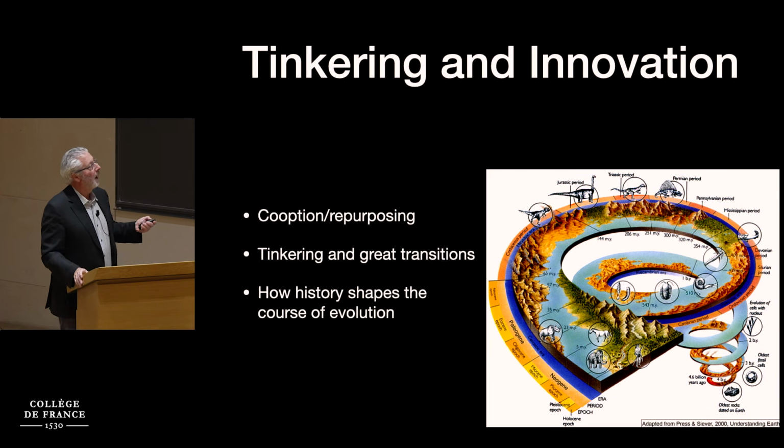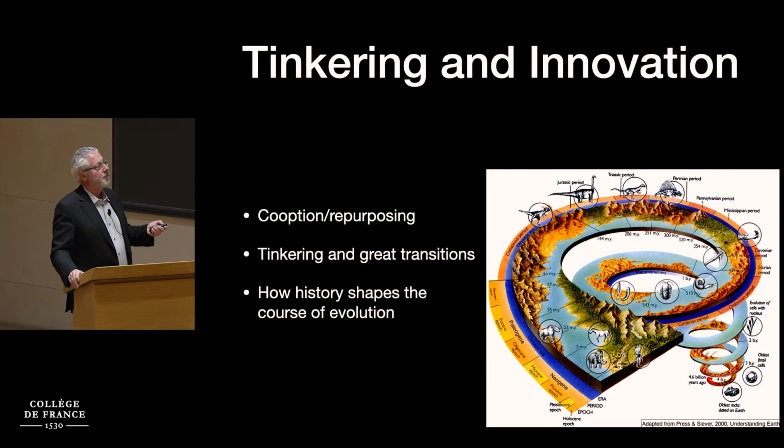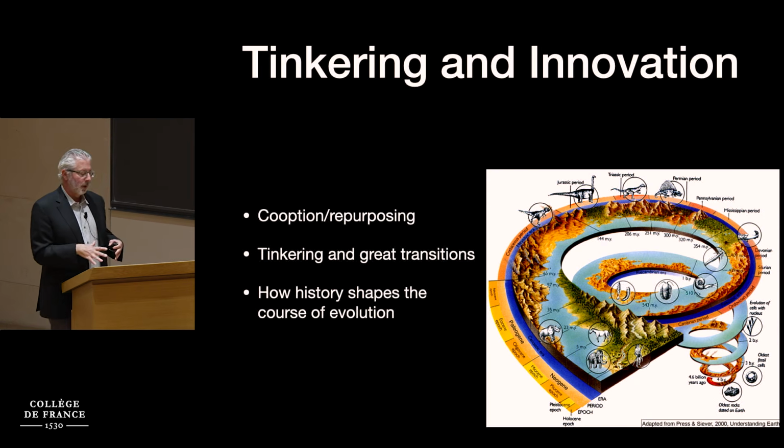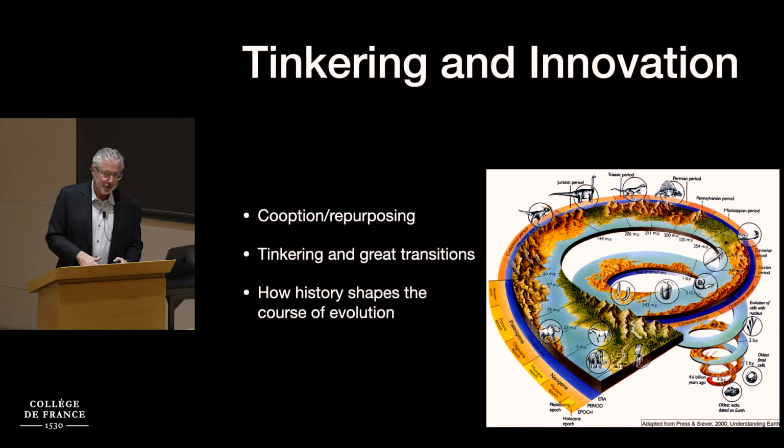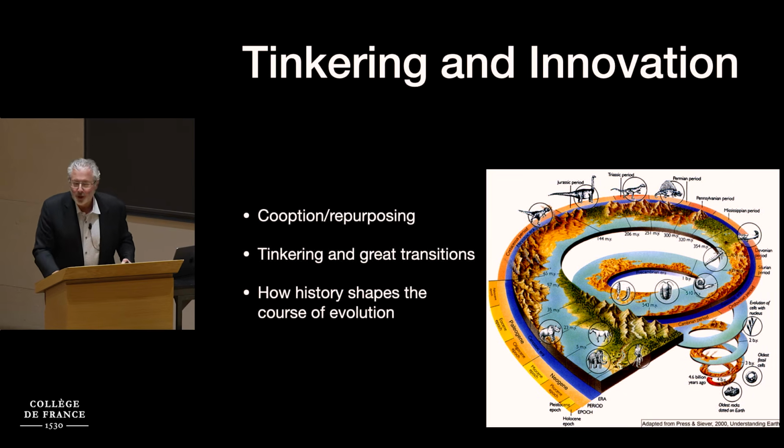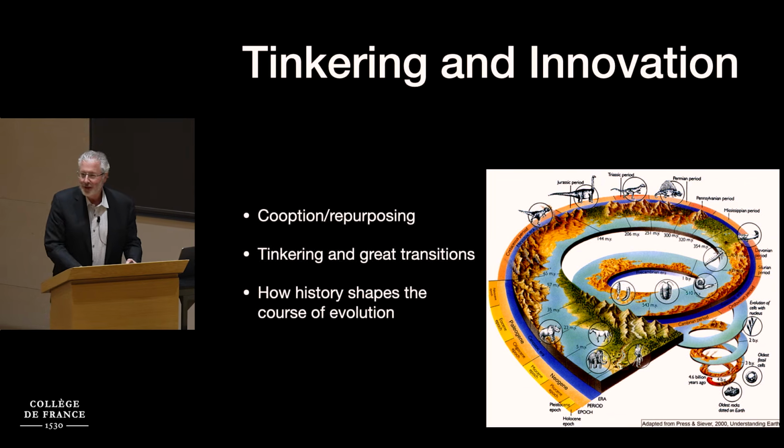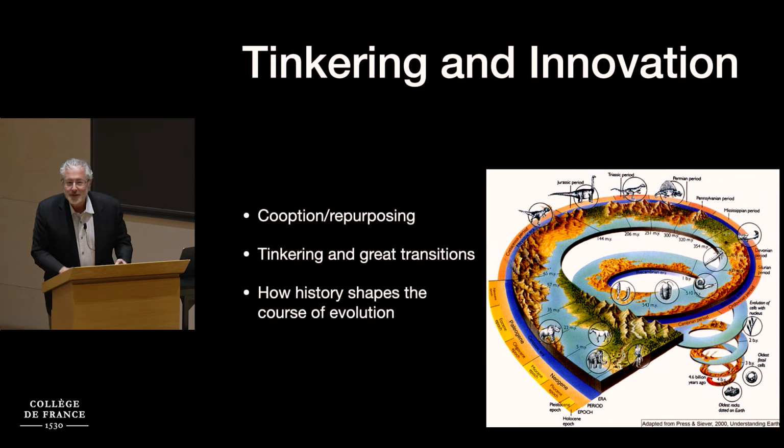We've talked about how this tinkering can relate to major revolutions in the history of life. And if there's one take-home message I want to leave you with in that second part of the lecture, it is that many people think that lungs evolved as creatures evolved to walk on land, feathers arose as creatures evolved to fly, certain features arose as they did other things.